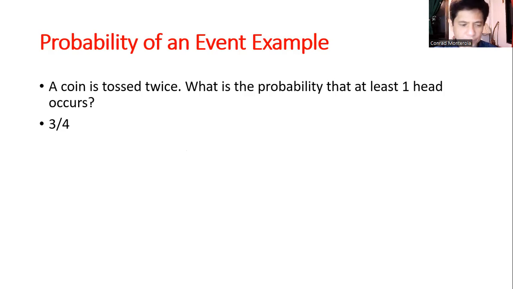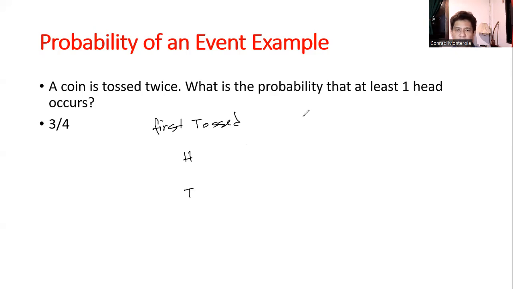So for example, on the first toss, the coin will either show up a head or a tail.